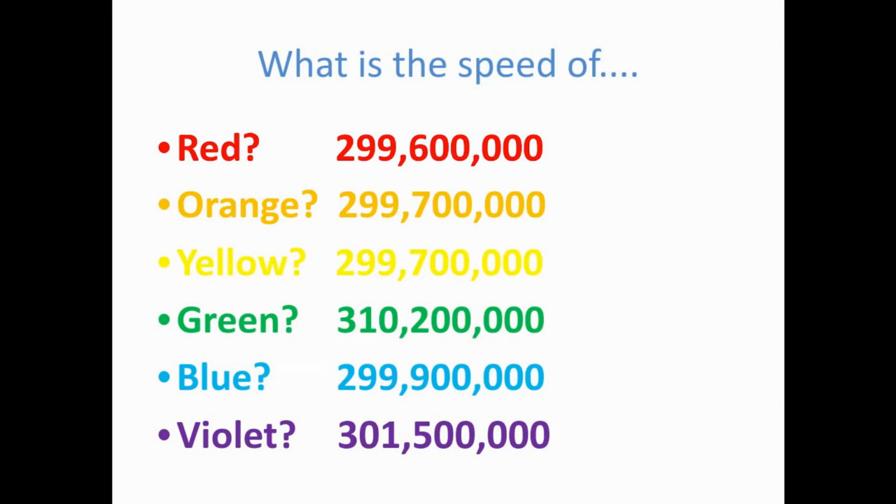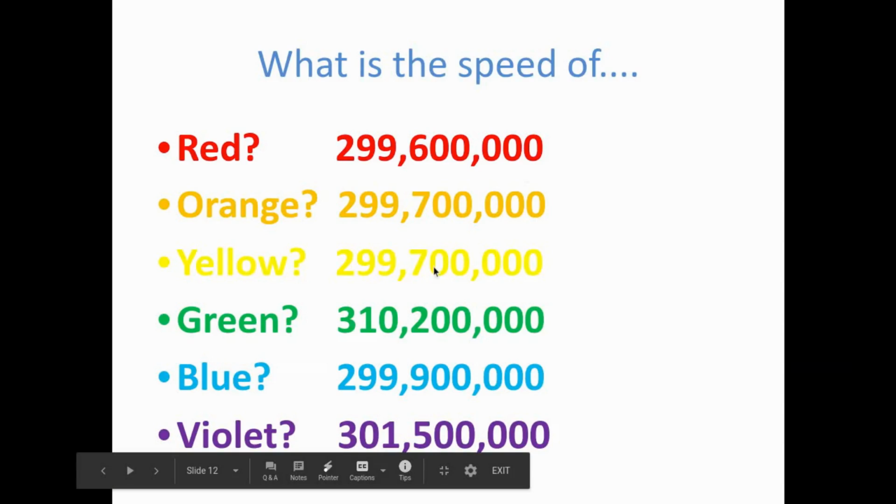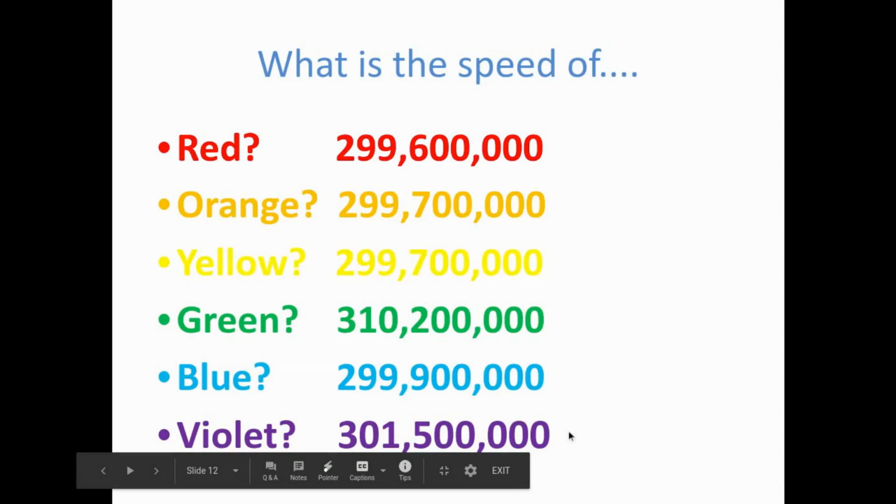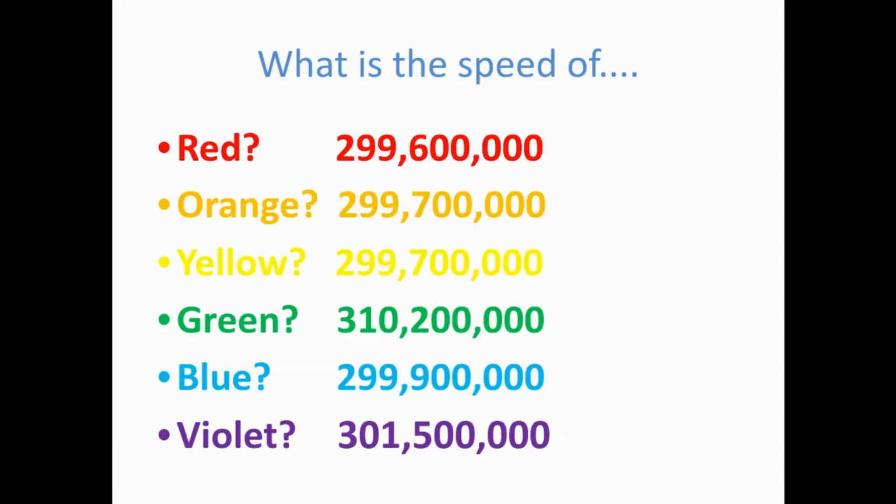So when you've done that, these are the numbers that you should have gotten on your calculator. And again, because of rounding and we weren't using the exact frequency and exact wavelength, we've got about the same value though. So 300 million for each of these different values of speed of light for each color.